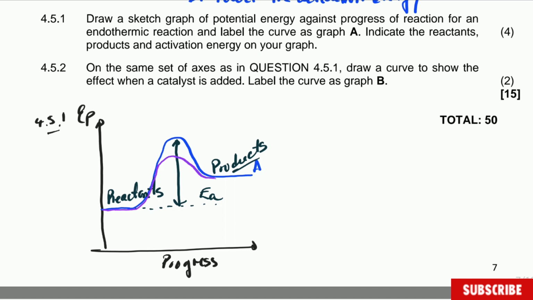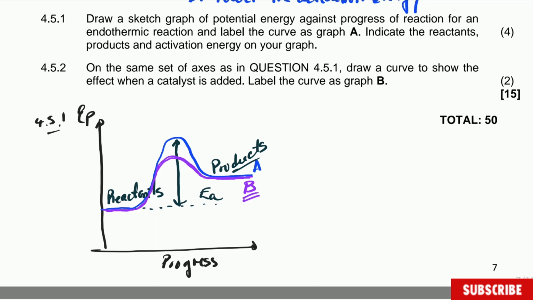This graph is now B. This one is B with the activation energy. After you add a catalyst, you can see that all it does is lower the activation energy. You see now it's less energy needed for the reaction to begin.